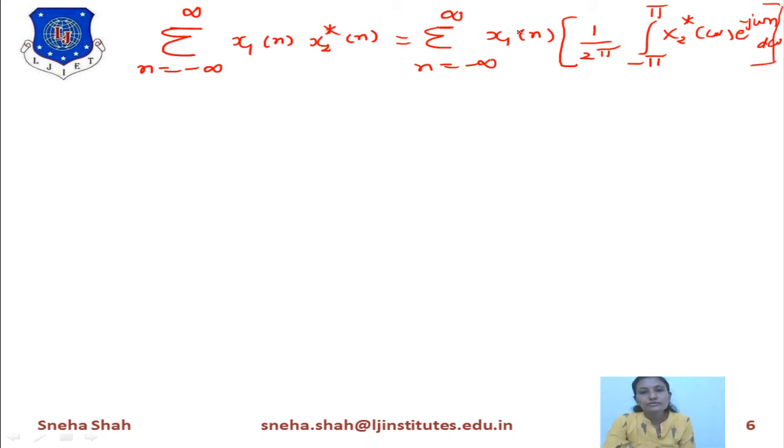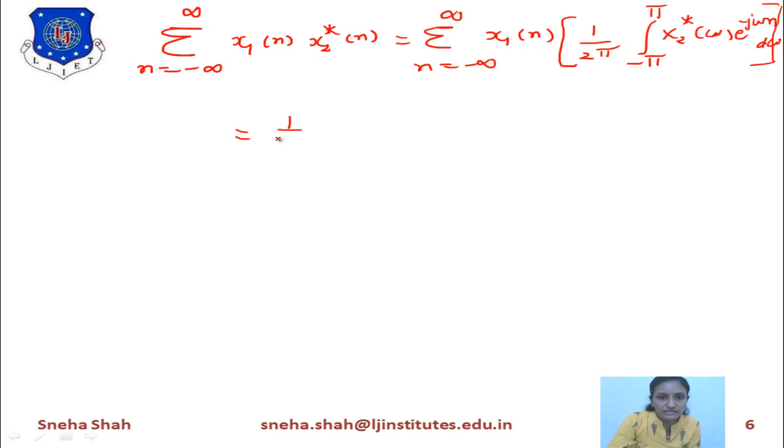Now as you know, the summation and integration can be rearranged, so we will rearrange the order of this. 1 upon 2 pi is a constant, so it will be outside of all these terms.